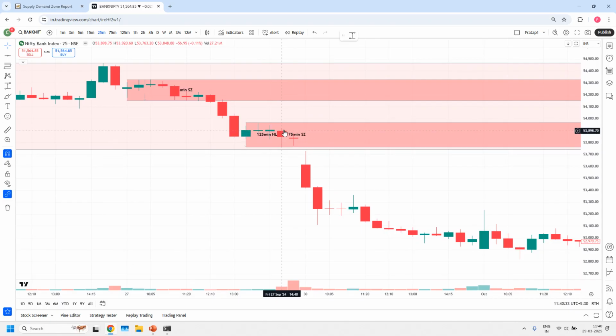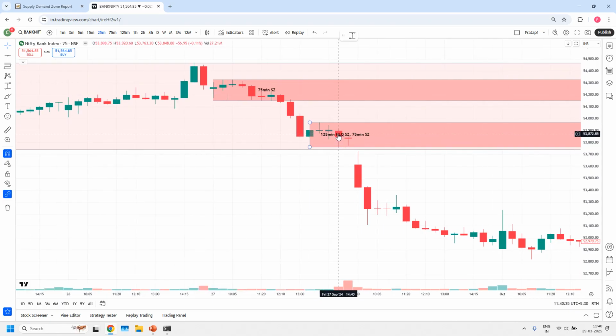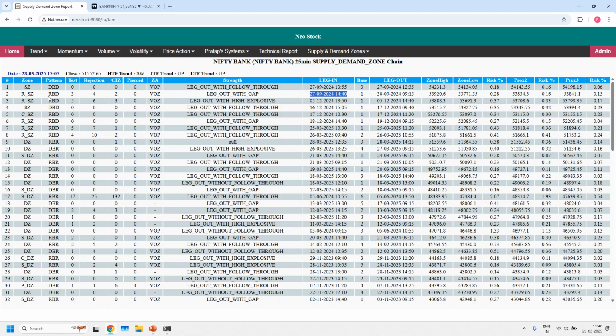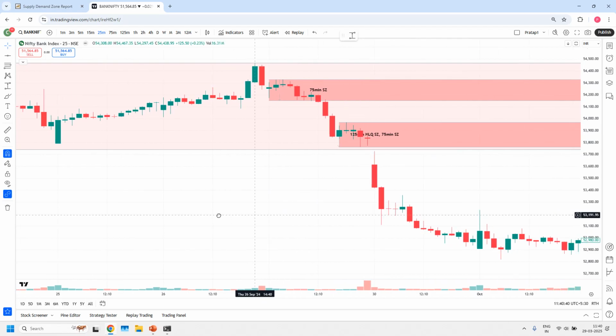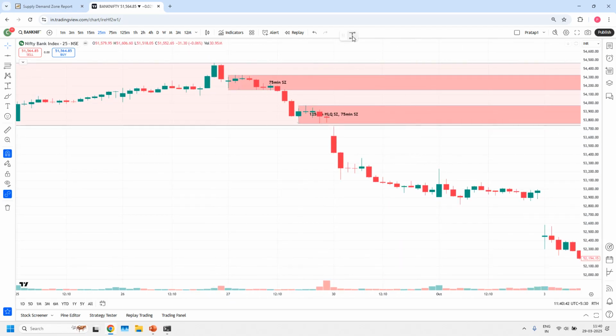Here you have a failed ERC, maybe, as a rally candle, base, drop. See, rally base drop. Failed ERC. Because it is a failed ERC, it is a rally. If it is not a failed ERC, it could have been a drop candle.